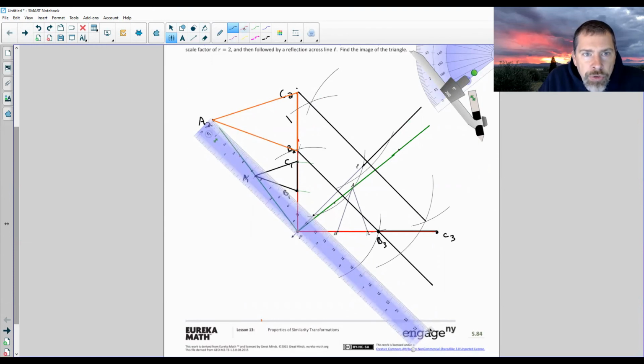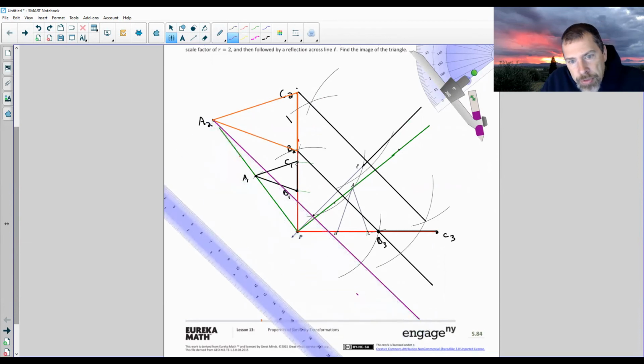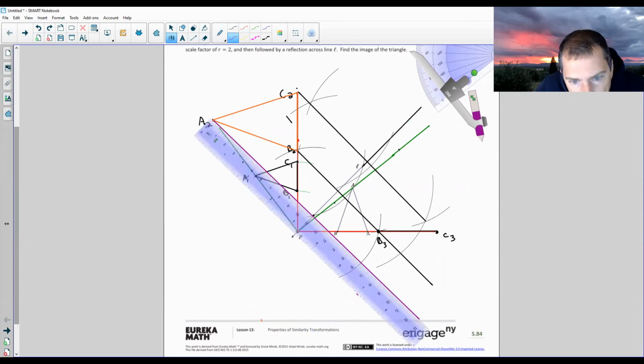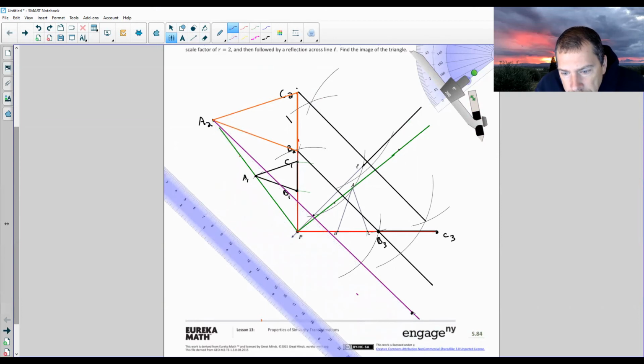And then I will draw, I'll make it purple, a line here that pretty much looks parallel to the other two lines. And then how far was that? From 0 to L was 11 centimeters. So double that is 22. And that looks to be about here. Right there. Okay, so there is my A3.